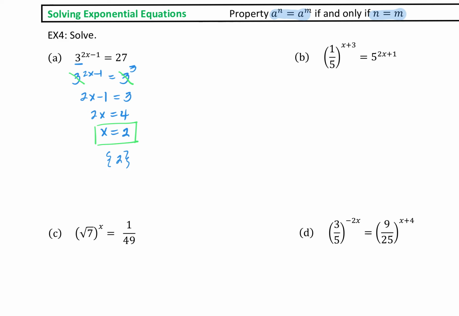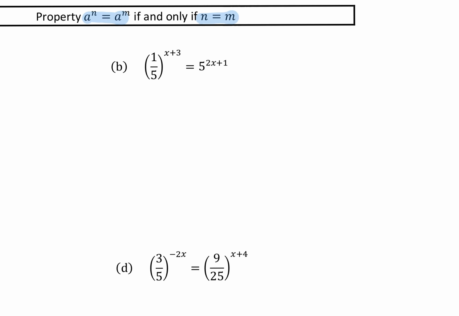Well, let's do a few more examples. In part B, I can see that I have a 5 on the right and I have a 1/5 on the left. So maybe I will try to take that 1/5 and write it as 5 to some power. So I know that if I flip my fraction, this will change to 5 to the -1.